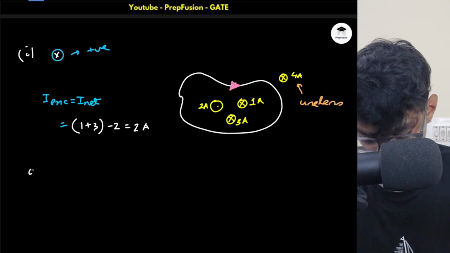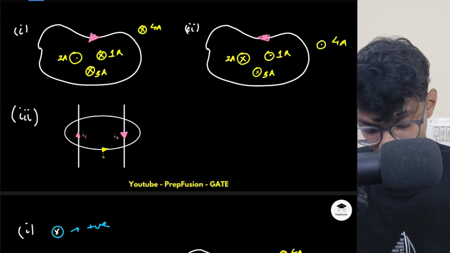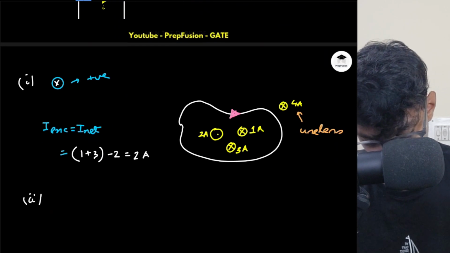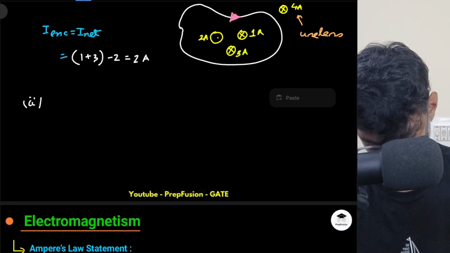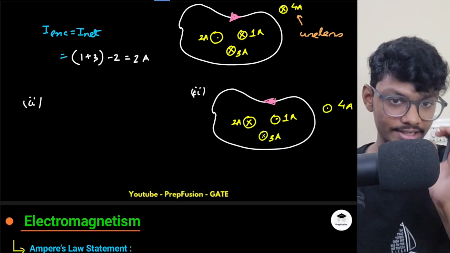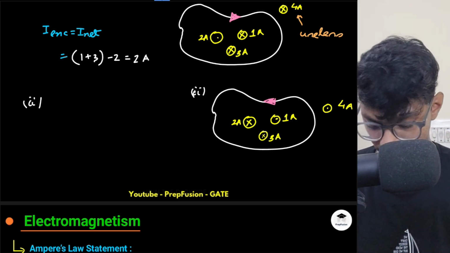Now for the second case, again I will rotate my fingers and find out the positive direction of the loop. It is in the anti-clockwise direction, so it is pointing towards me. If you rotate your fingers, it is coming towards me.